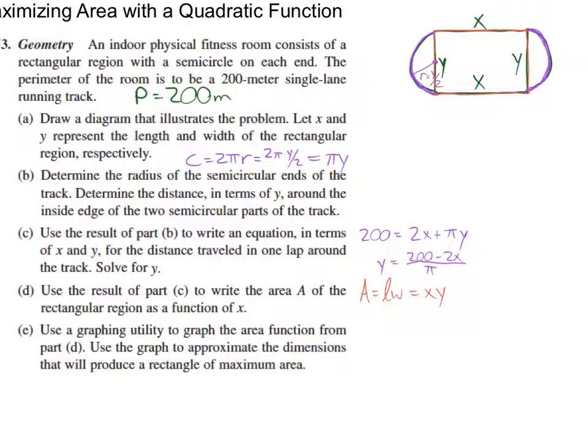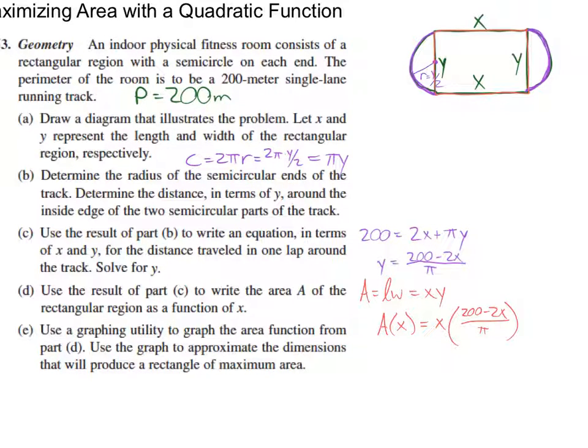So if we're going to write the area as a function of x, we need x times y in terms of x. So we have x times (200 minus 2x) all over pi. Now we have a function for our area.